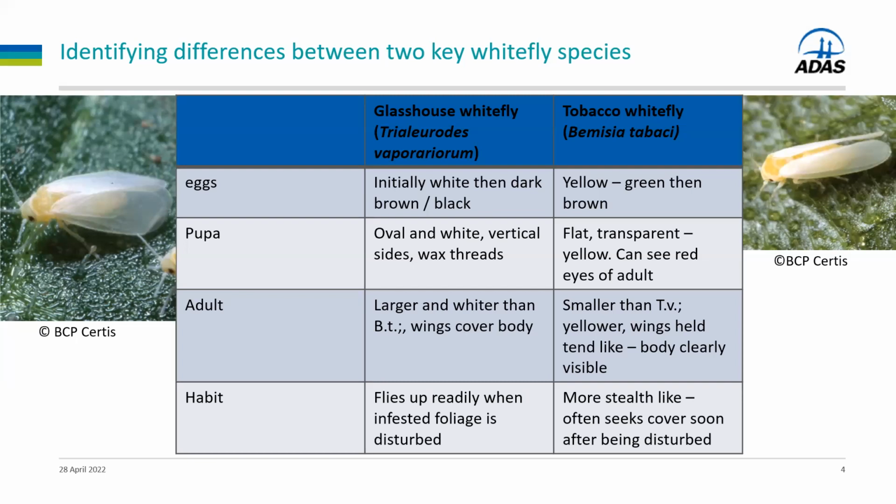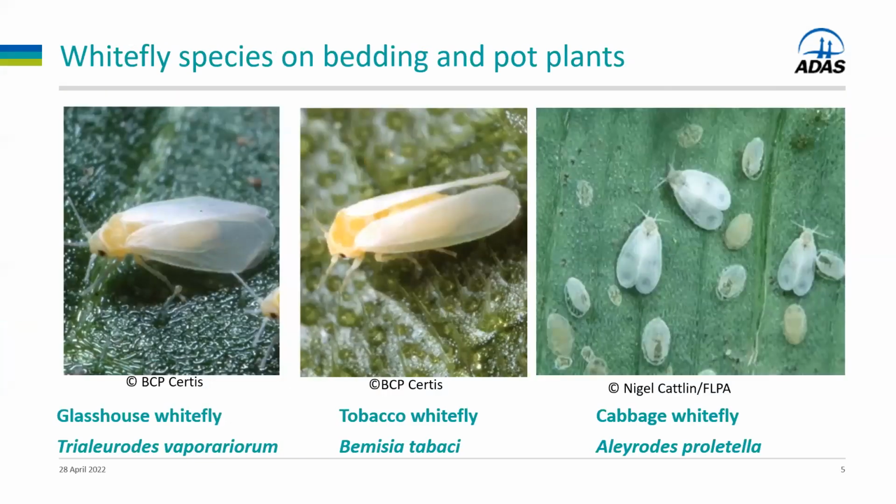Okay, next slide, please. So we've covered a couple of the important species, glasshouse whitefly and tobacco whitefly. We've also got the cabbage whitefly, sometimes referred to in the industry as a brassica whitefly, and it's got these fairly distinctive black spots on its wings, 2 on each wing. And actually some growers say this can be more troublesome, particularly on poinsettias, than the 2 species of whiteflies we've just been talking about. And that's because it is capable of breeding on poinsettia, despite poinsettia not being in the brassica genus.